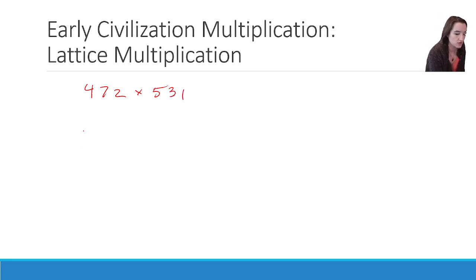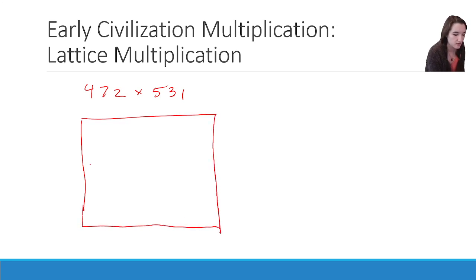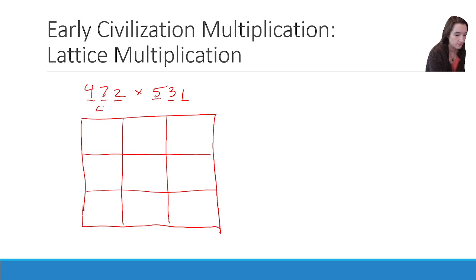Okay, so in this case, I'm going to draw a pretty big lattice work. It's going to need 3 rows and 3 columns because I have 3 digits in each of my numbers. So 4, 7, 2, 5, 3, 1.